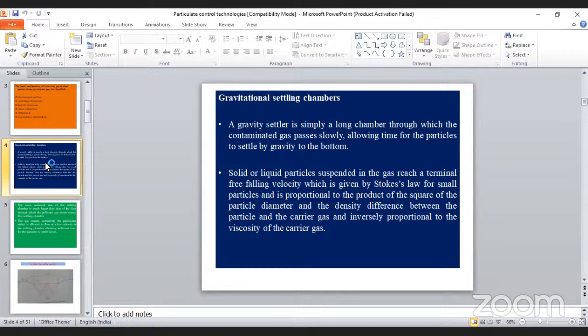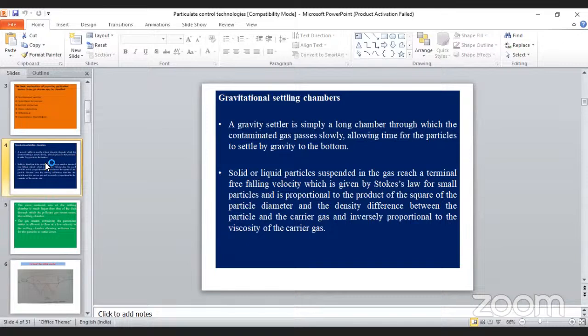Anything, it could be solid or liquid particles suspended in the gas stream. Whenever the gas stream enters into the gravitational chamber, the entire stream of the gas has some particular velocity.